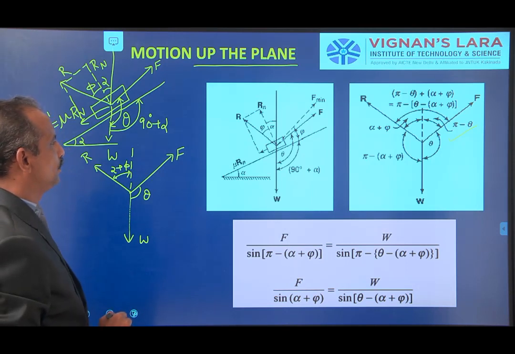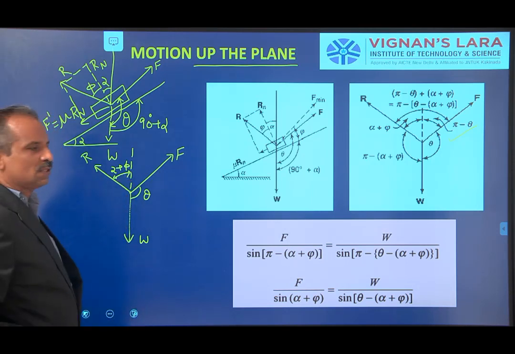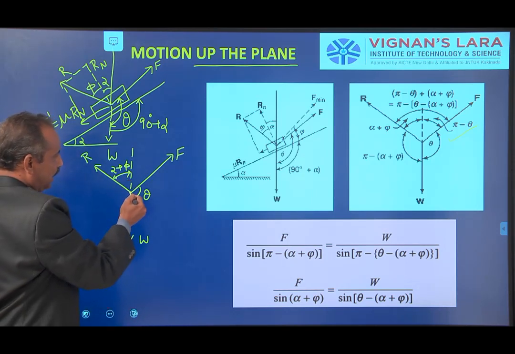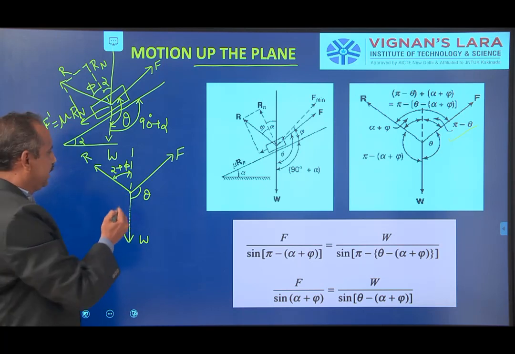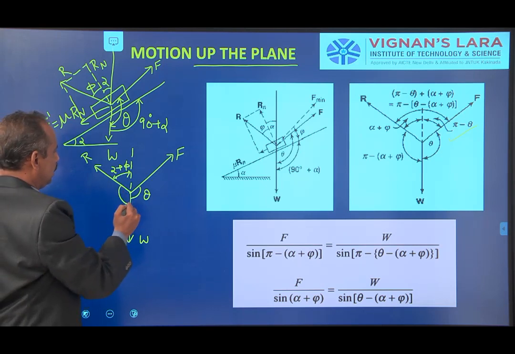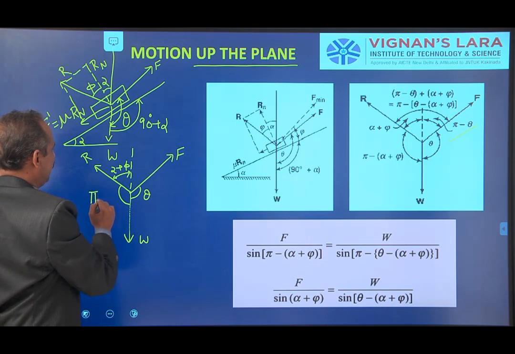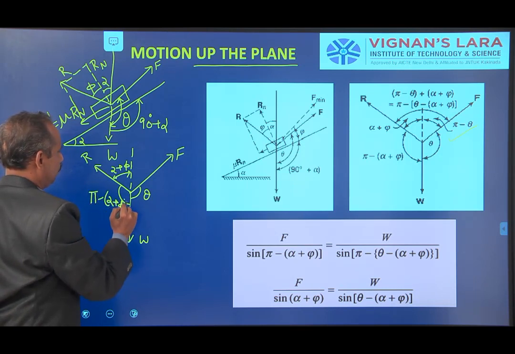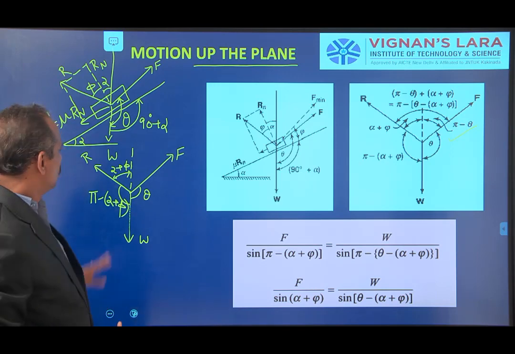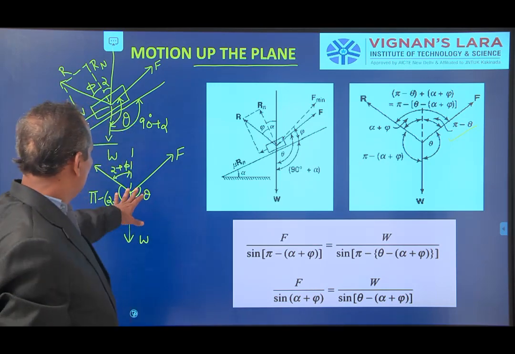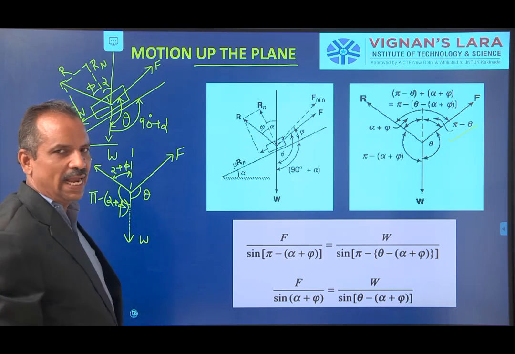If this is alpha plus phi, then the total angle is pi, that is 180 degrees, so we can write this as pi minus (alpha plus phi). So take care about writing these angles.